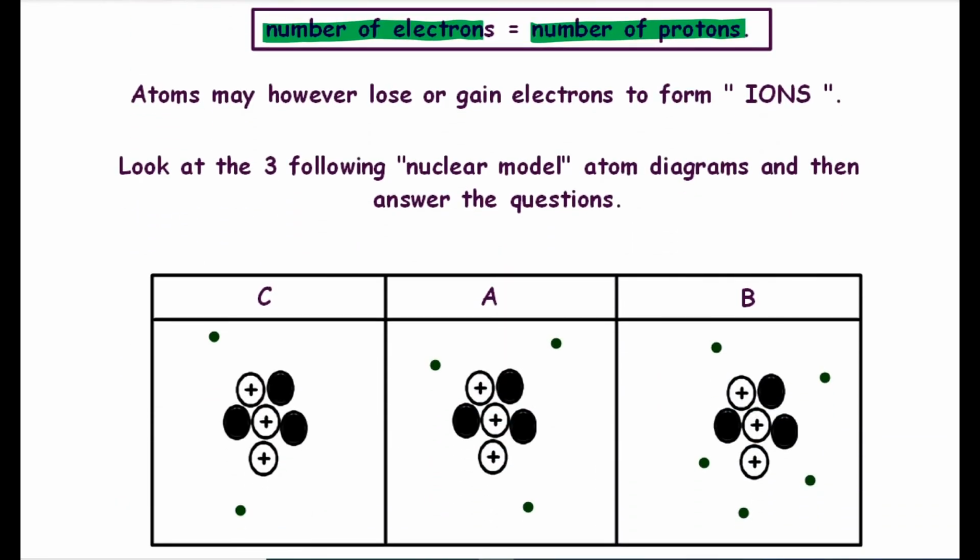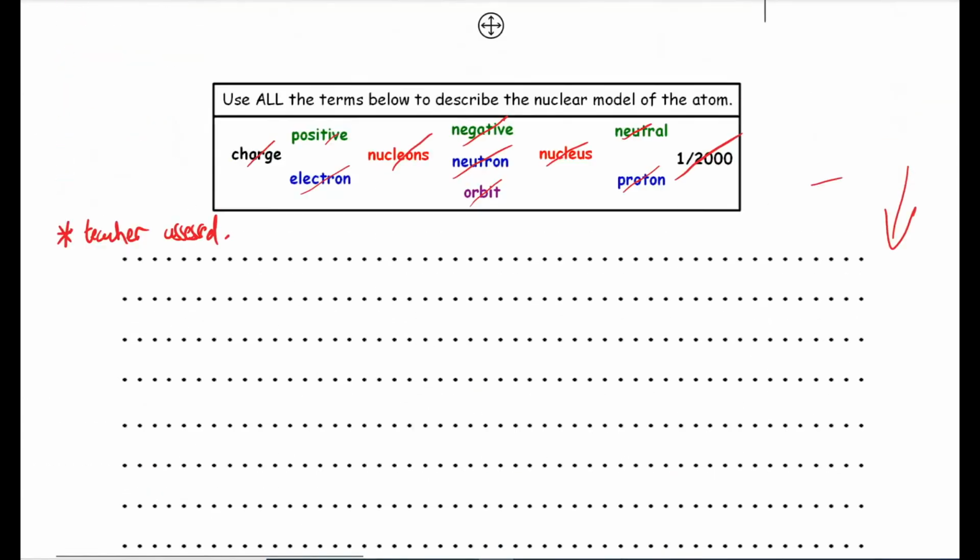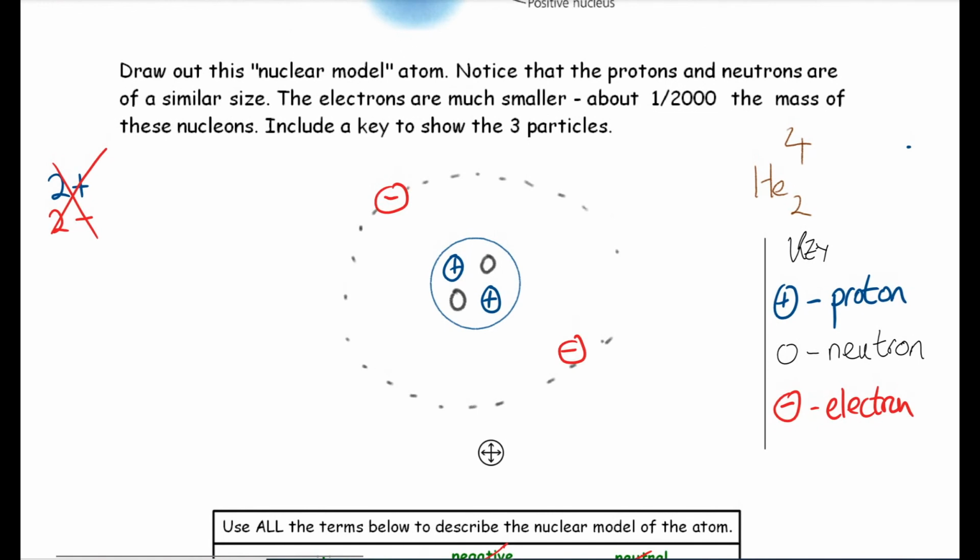Atoms may, however, lose or gain electrons. So if we had this atom here, if this electron went flying off away from the atom, then we wouldn't have a neutral atom anymore. If that was just one, we've got a charge of -1, that would mean an overall charge of +1.